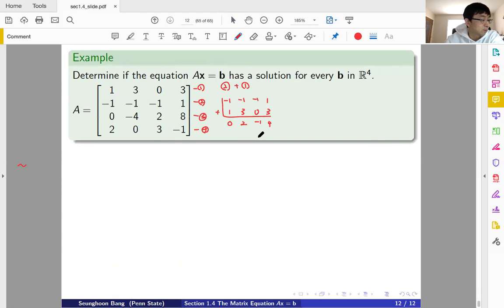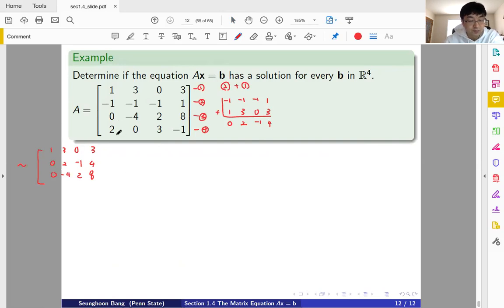You keep the first row, 1, 3, 0, 3. The second row is 0, 2, -1, 4. The third row is also 0, and you don't need to change it: 0, -4, 2, 8.